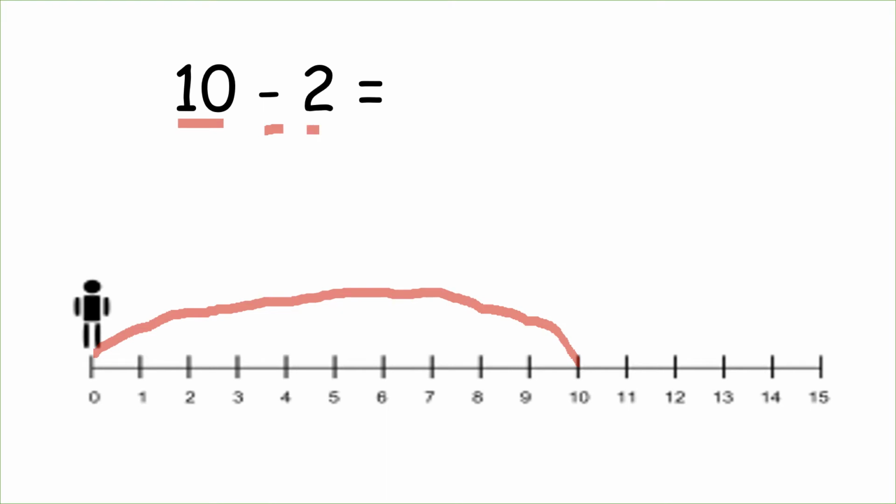So remember, we are moving backwards. When we take away, we move back. So we start at 10 where we stopped just now, and we take away 1, 2. And where did we end up? We landed on the number 8. So 10 take away 2 equals 8.